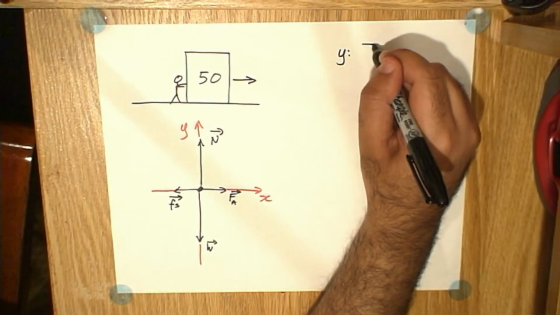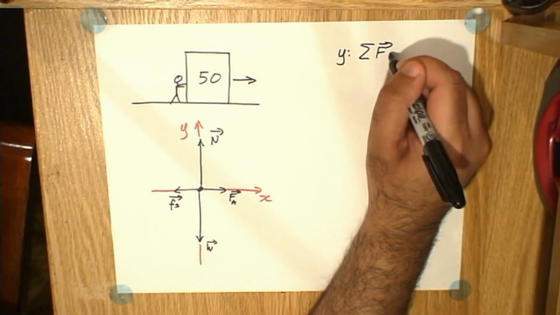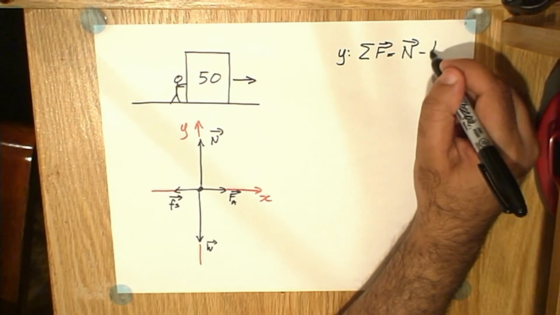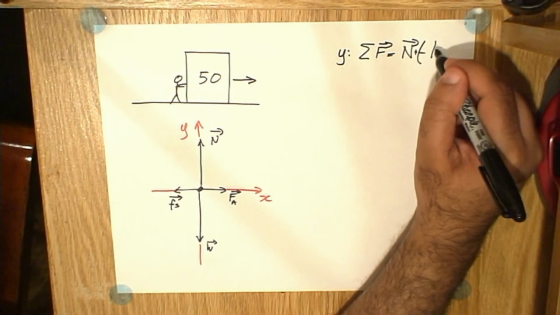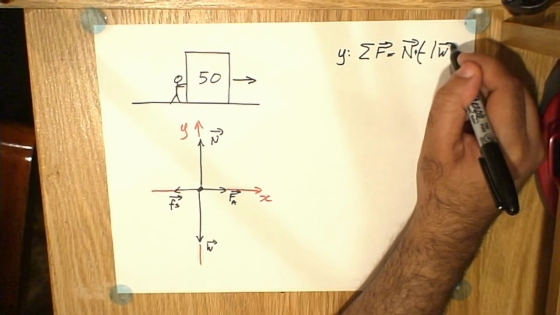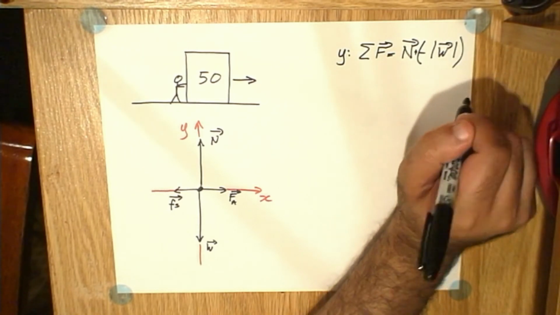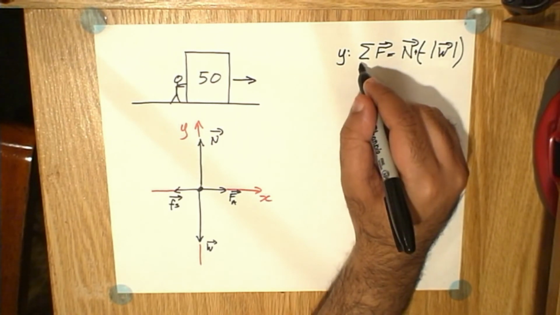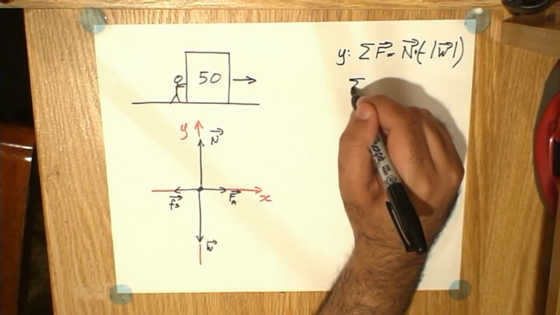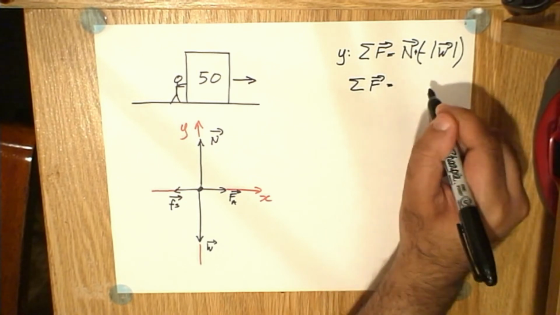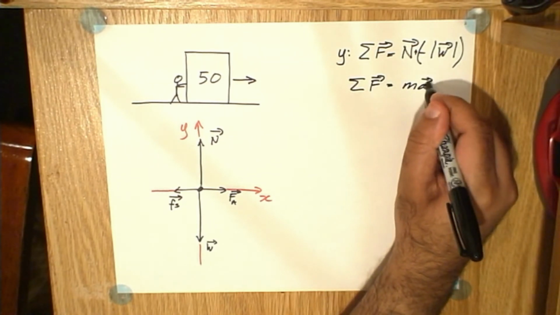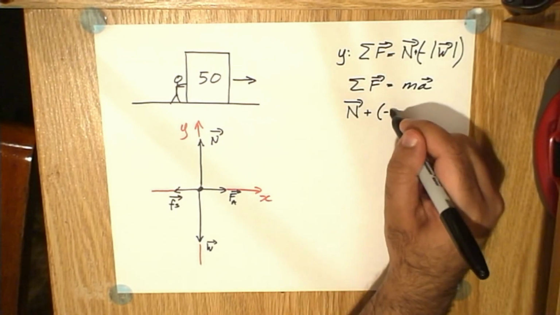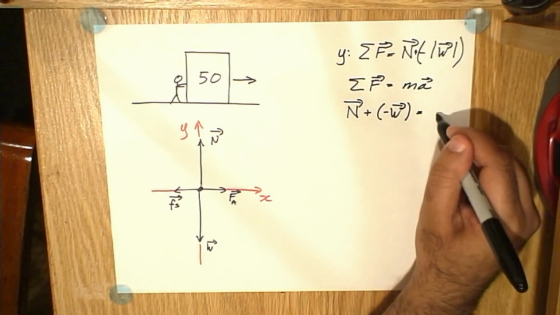So in the y direction, the total force is equal to normal minus, or I think the way I usually like to write it is plus the negative of weight. So this, according to Newton's second law, must be equal to mass times acceleration. And so we end up with normal plus negative weight equals mass times acceleration.